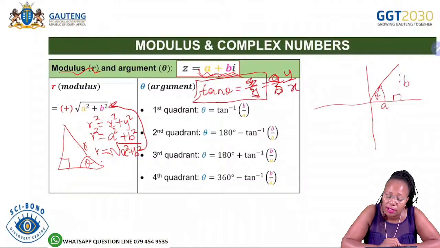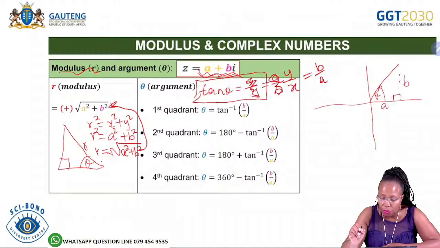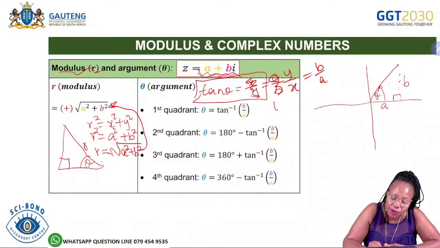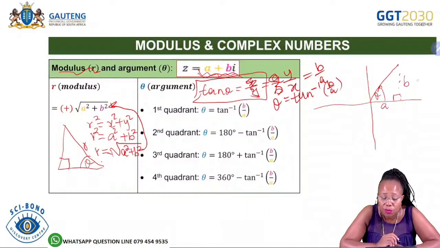In this case it will be b over a, because we are talking complex numbers now. Because theta is in quadrant 1, tan theta is equal to b over a, and if we need theta, it will be arctan of b over a. That is what we have in quadrant 1.